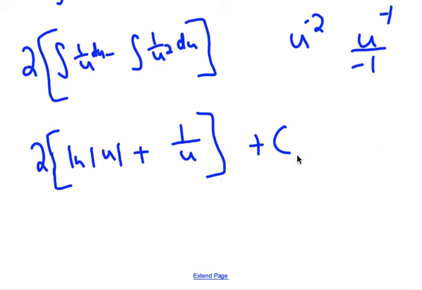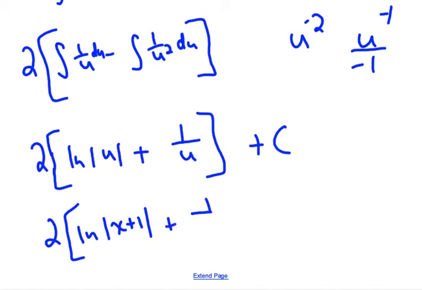That's coming later on. The last thing we need to do here is just plug in what u is equal to, which was x plus 1, right? So 2 times ln of x plus 1, still need absolute values, plus 1 over x plus 1, and I would leave it like that.